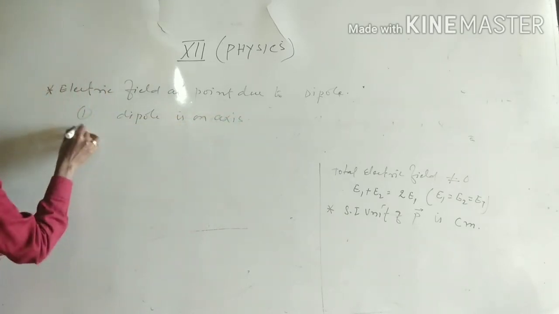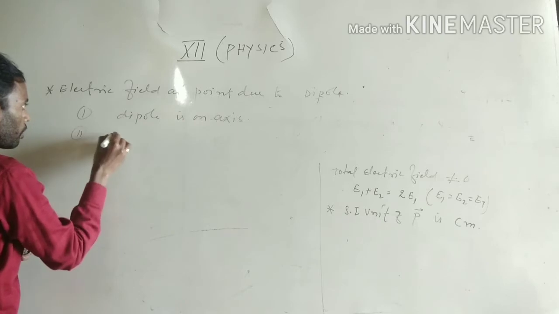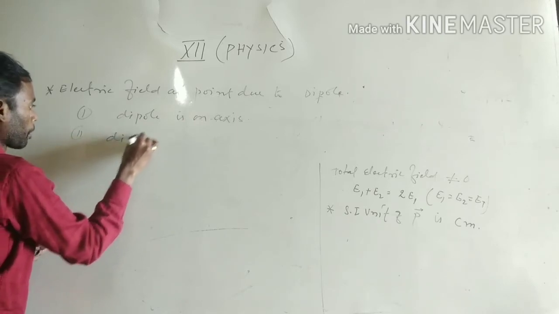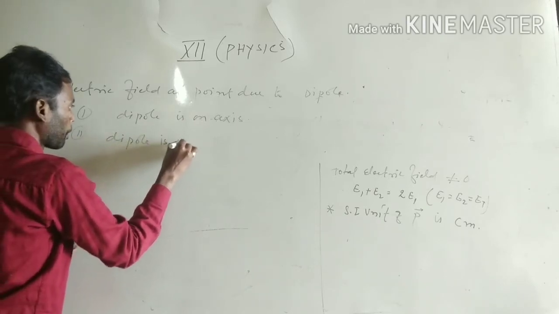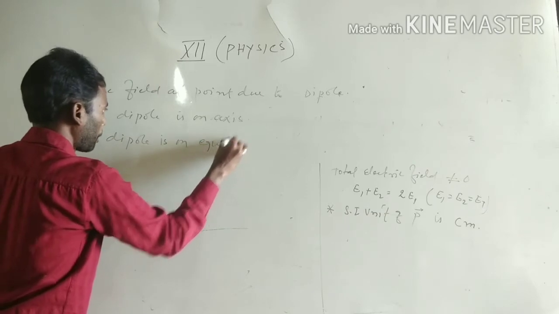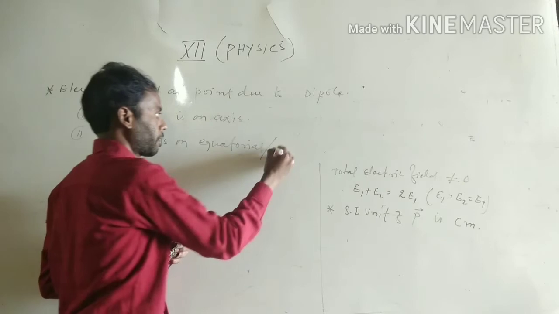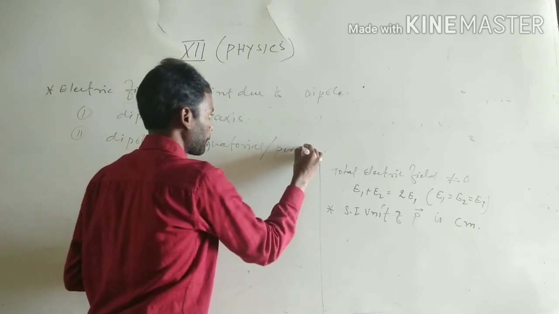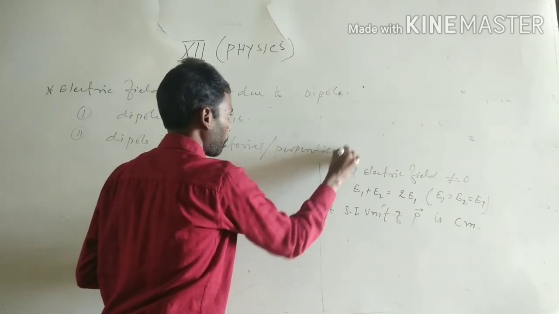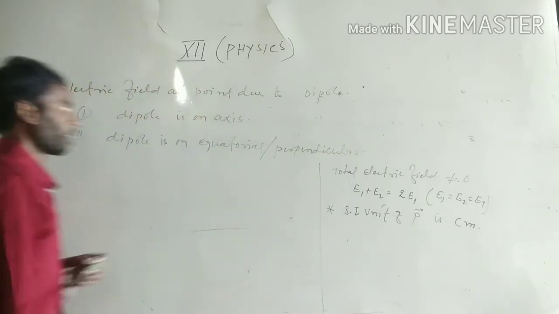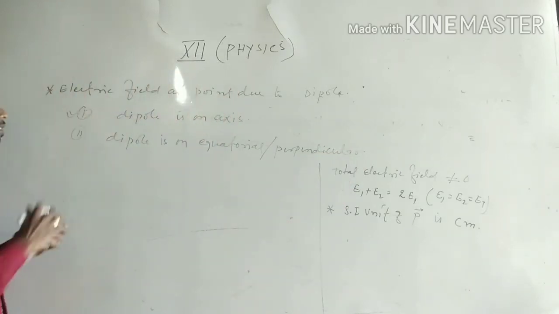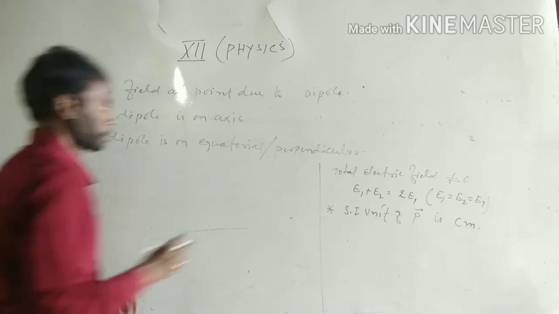Number two, the point is on the equatorial or perpendicular bisector. Let us first derive for the point on the axis.